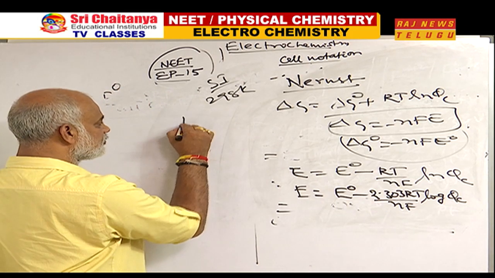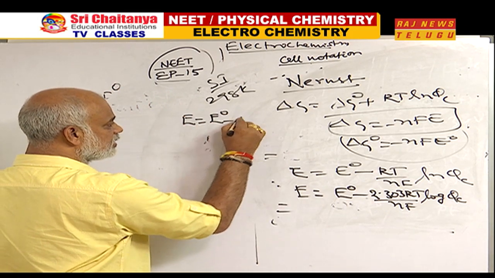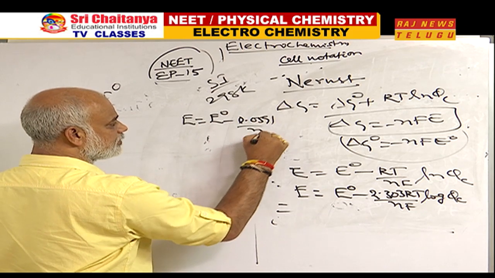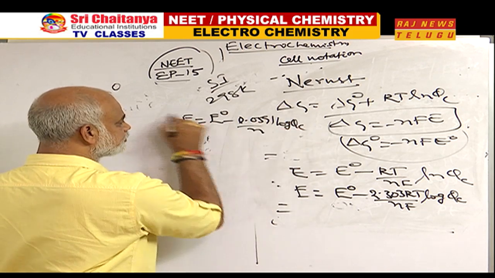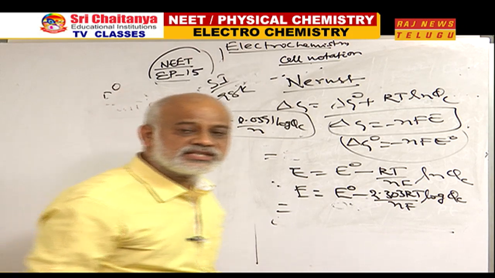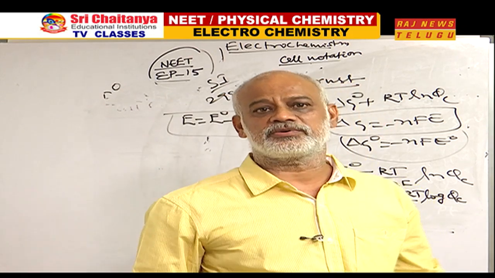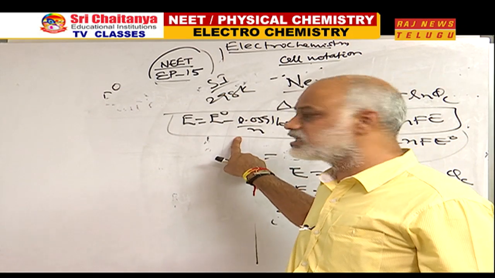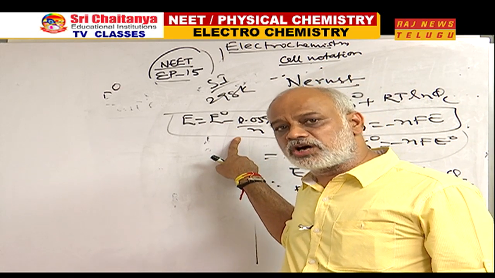When I simplify all of them, E is equal to E naught minus 0.0591 by N log QC. This is the equation that you are supposed to remember as a Nernst equation for solving the problem.